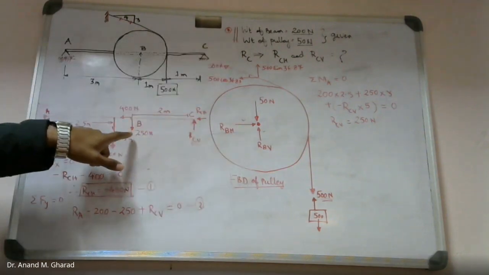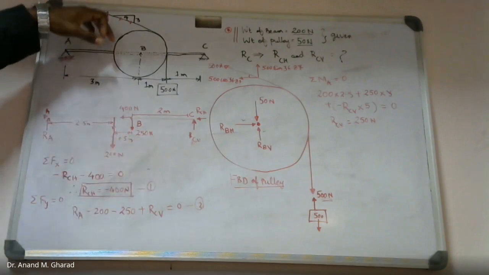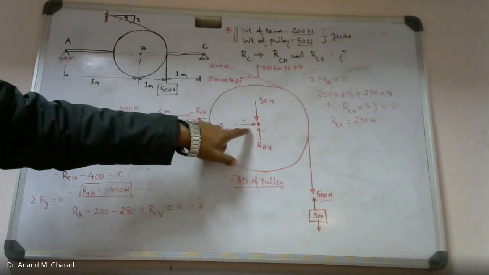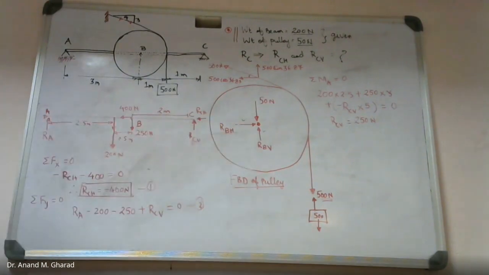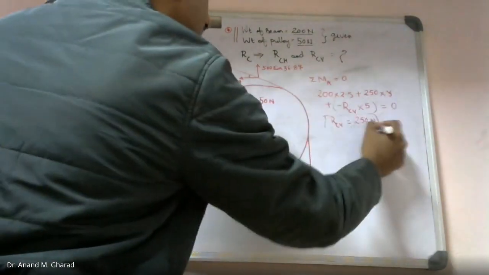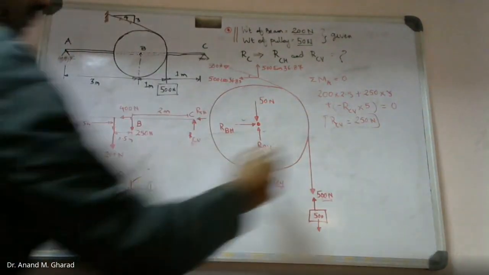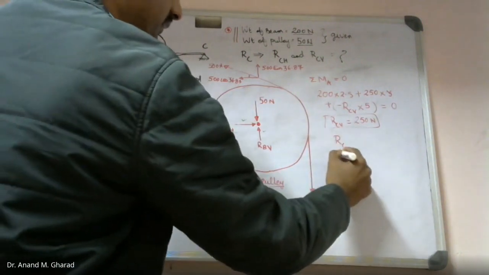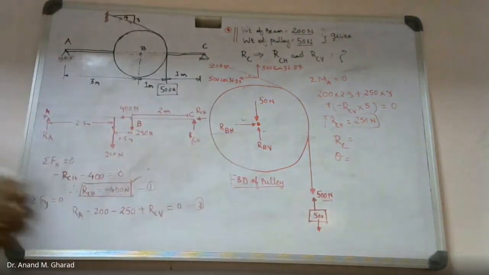In that case, you need to be careful. Self-weight, if it comes into picture, both the reactions at the pin support will be generated. Is this okay? Yes, sir. RCV and RCH, you have got two values. You can identify the RC value and the theta value that you can solve.